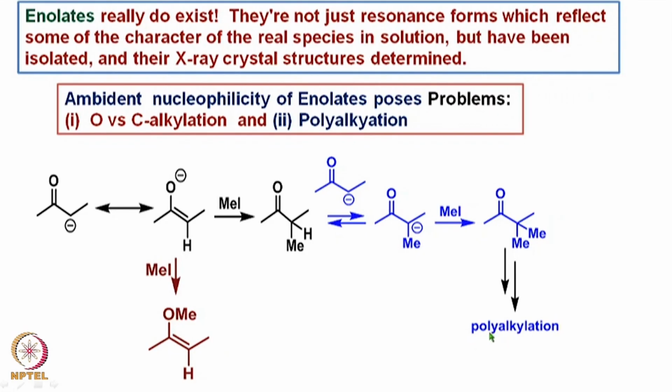So these two problems, that is O and C alkylation and also polyalkylation, are something that we need to worry about, and therefore we need to see what are the factors that allow these reactions to be controlled.